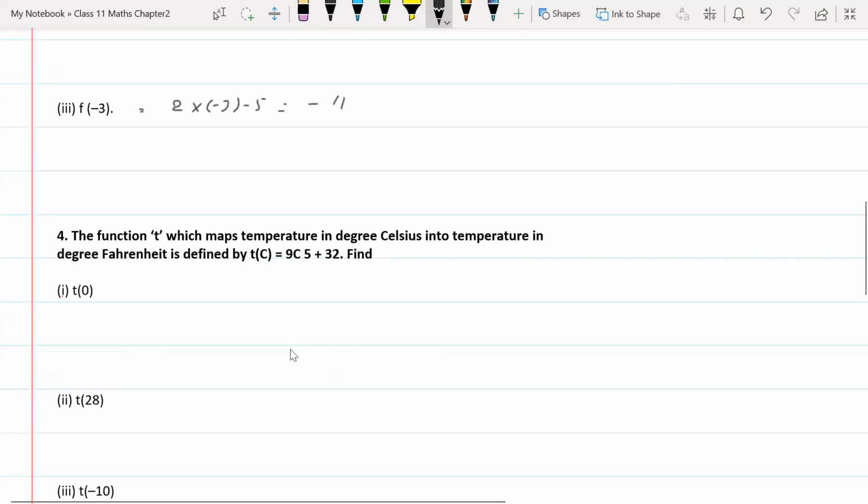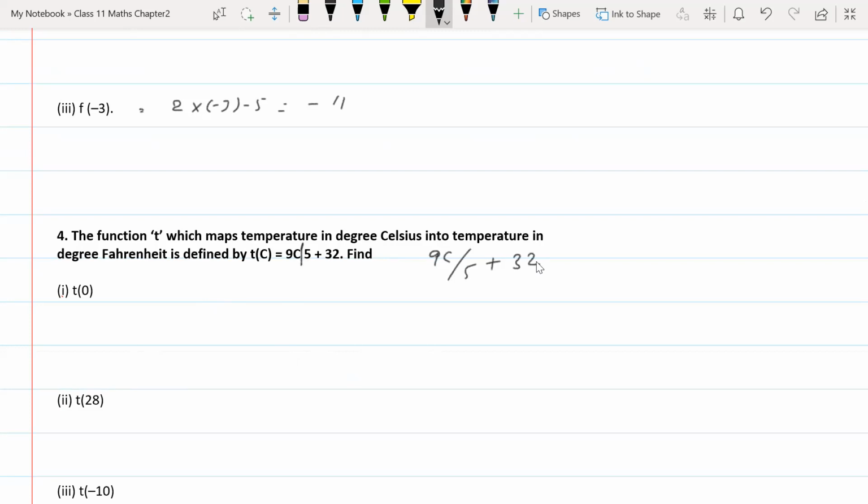Question number 4. The function t, which maps temperature in degree Celsius into temperature in degree Fahrenheit, is t(C) = 9C divided by 5 plus 32.